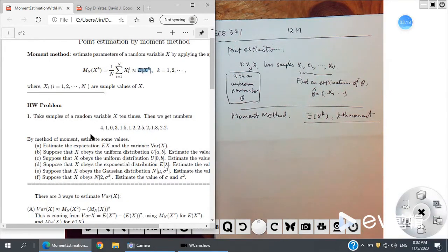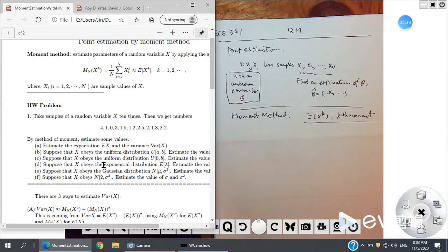We have studied this example with different values, and this will be your homework. Last time I worked on a different set of data for the same problem.